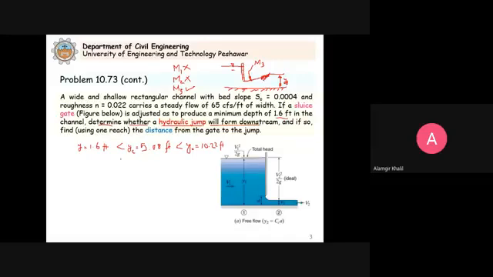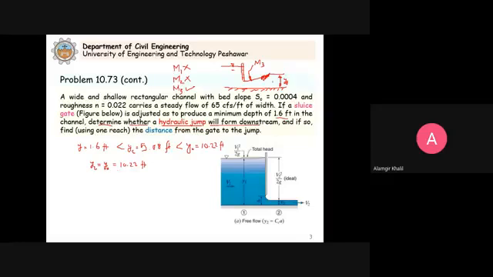Clear? So it means that this Y2, which is the depth after the jump, can be taken as equal to Y0, 10.22 feet.